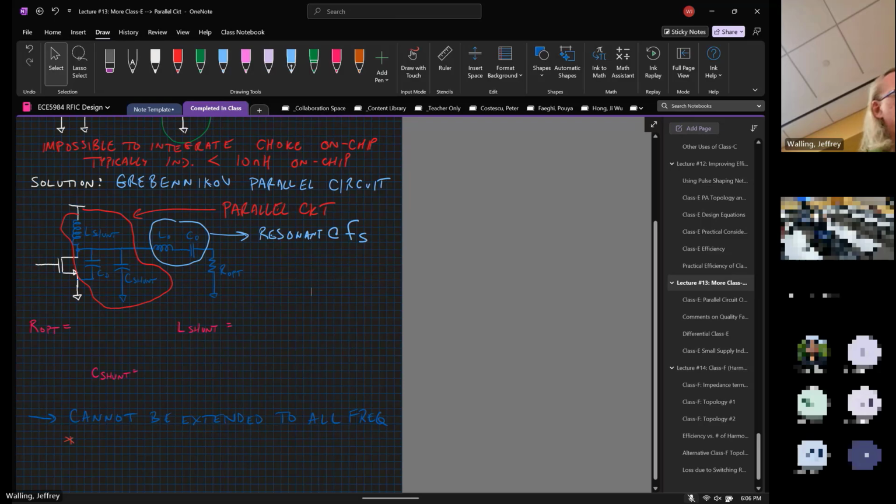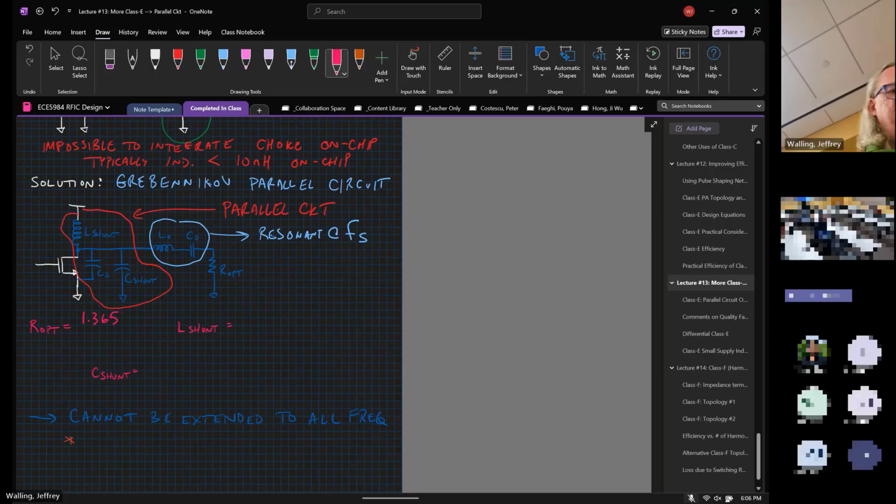It showed that R opt is equal to 1.365 times VDD squared over P out. And then L shunt is equal to 0.32 times R opt over omega.